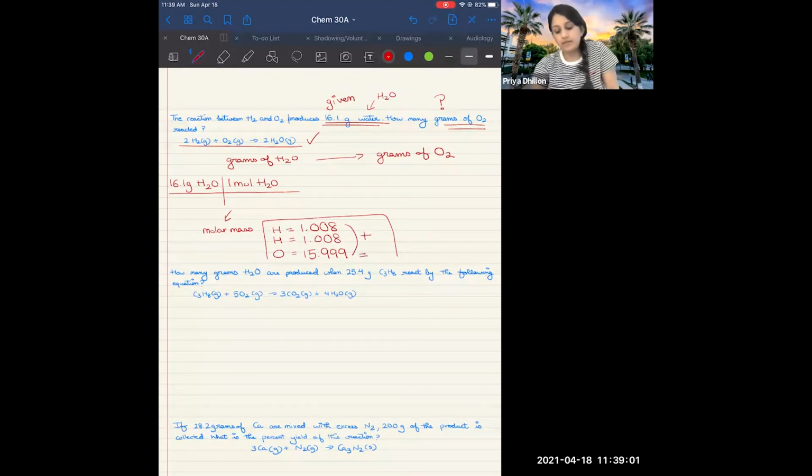So let's put it into the calculator. Okay, so I got 18.015. That's going to be your molar mass. And for molar mass, you always want to put it into this unit.